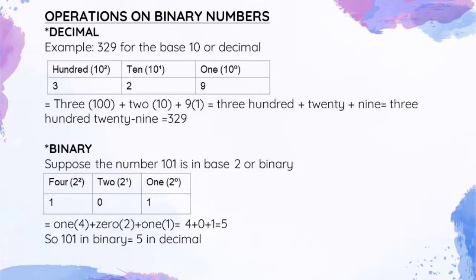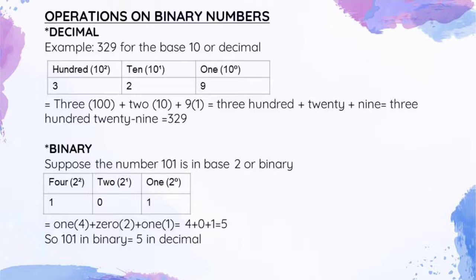So here are the operations on binary numbers. First we have the decimal. For example, 329 for the base of 10 or decimal. In the table, we can see that our base is 10. In the first column, we can see a 1 because 10 to the power of 0 is equal to 1.